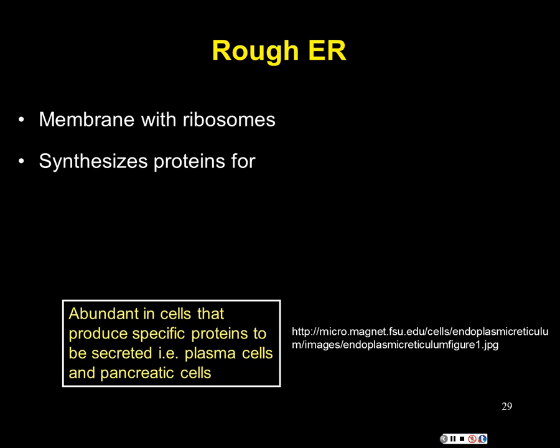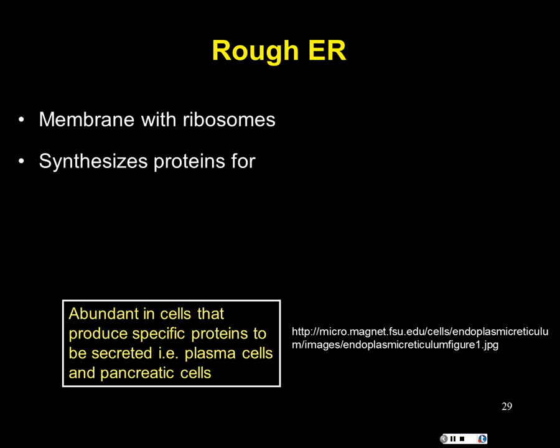So she said in the blood. So where? Outside of the cell. So proteins that are to be released outside of the cell that made them are made by that cell's what? Rough ER.